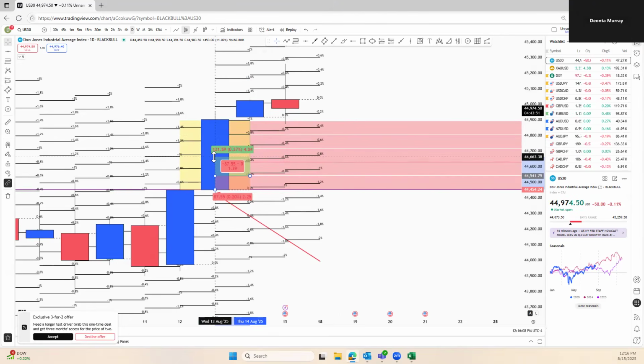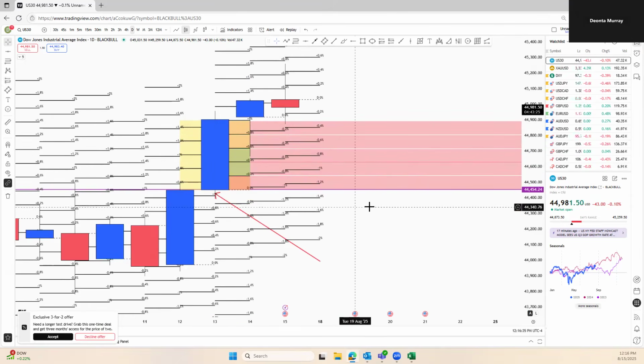So if we have open price here, we say, okay, once it breaks above 0.2%, I'm gonna take the trade and we're gonna ride this to at least 0.6%, aiming for 1% overall. I'm sorry, we're aiming for that 1%, but I'm gonna get out at 0.6%, right? So this is the logic.